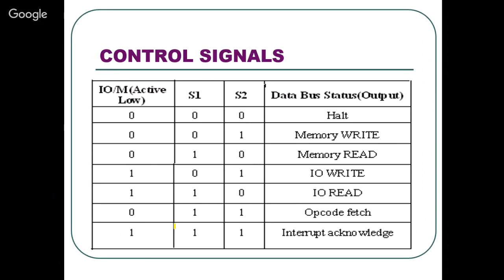This is for whether an IO or memory operation is going on. Then status line 1 and status line 2, and there are various combinations we can see. If 000, then halt, no operation is going on. Then 001 memory write, 010 memory read, and so on. We need to remember these status signals.